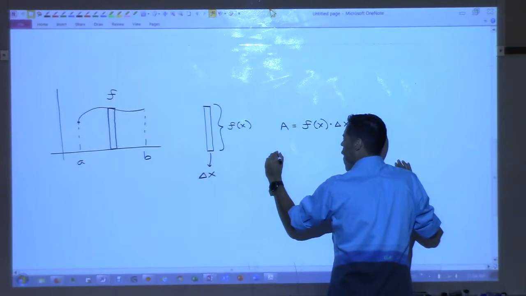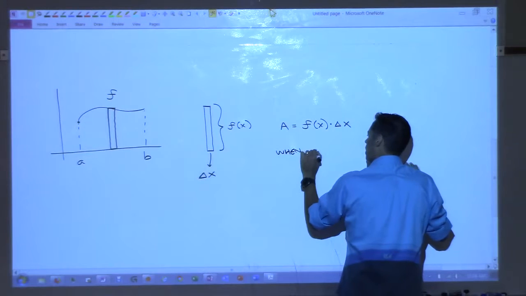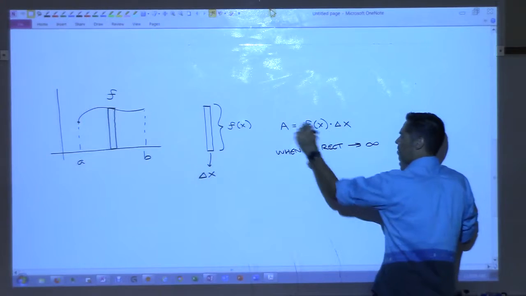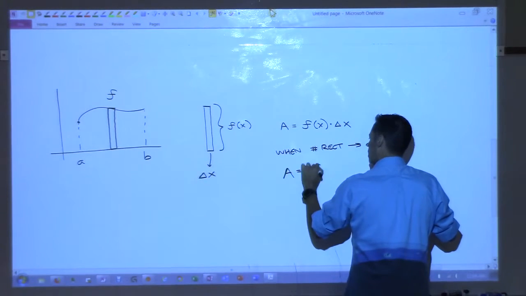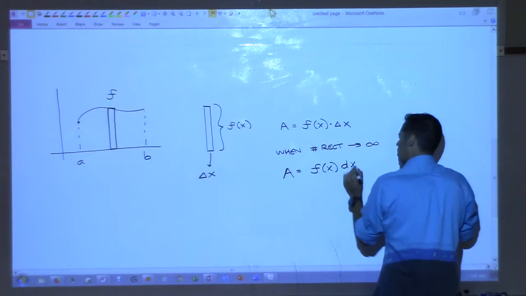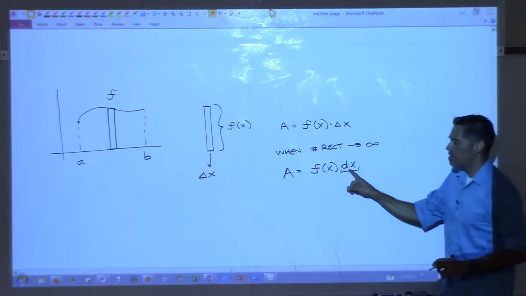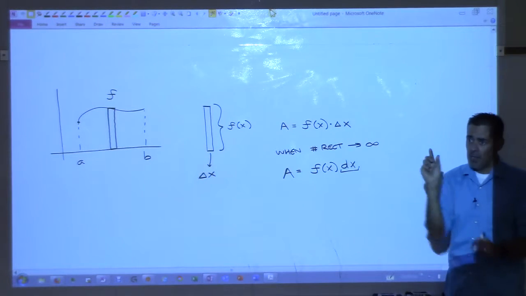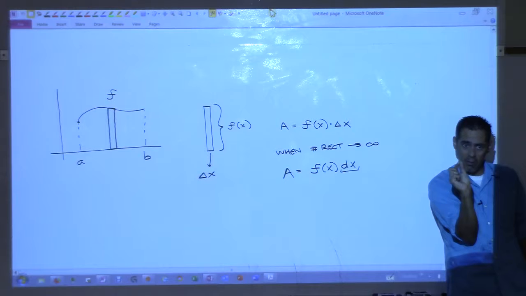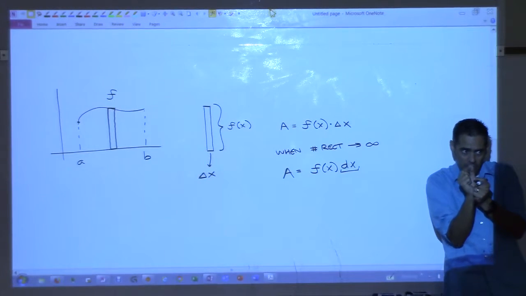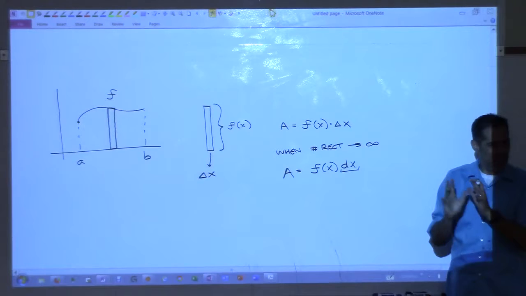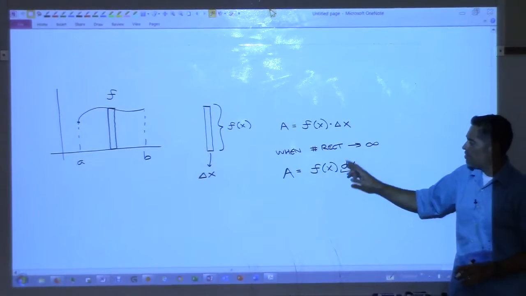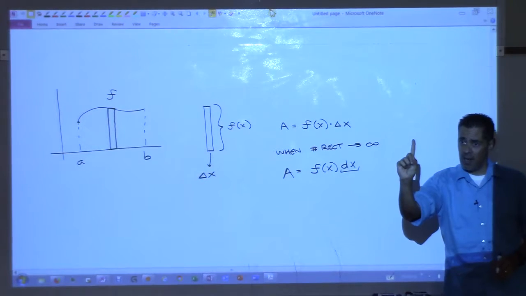So when the number of rectangles goes to infinity, this formula changes to this, dx. dx is the notation we use for delta x when we let it become infinitesimally small. Right? So dx is an infinitesimal change as opposed to delta x. Does that make kind of sense? When we take the limit, this becomes a dx. And so this gives us the area of one rectangle, right?